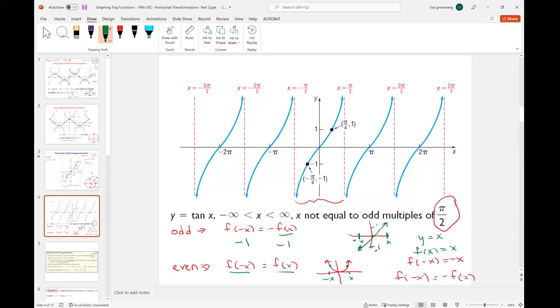The y values are the same. So this would have symmetry around the y-axis. I think, okay, I remember this now. That clicked. Okay, good. So even is always around the y-axis, odd is around the origin, and the origin basically is just flip it upside down.